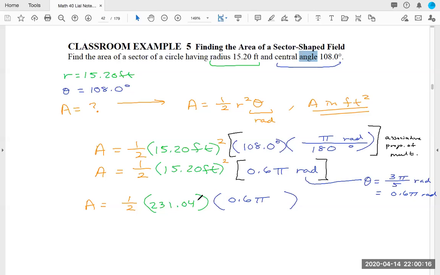Note that the units in here for your radius squared should be feet squared. You can leave that part out if it's more comfortable for you at this moment. All right, and then the rest is just a straight shot. We're going to multiply out the 1/2, the 231.04, and the 0.6 pi.